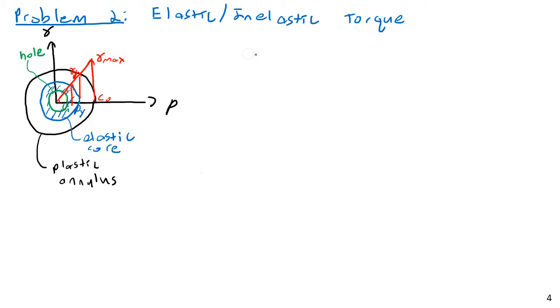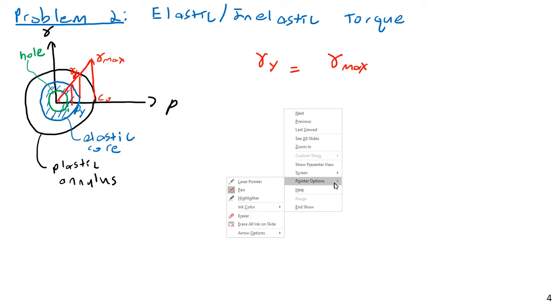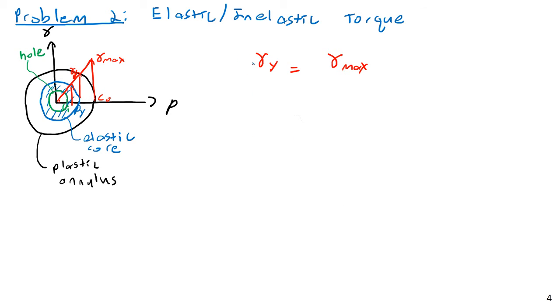And the relationship is going to be gamma y equals gamma max, each of these over, let's say this is over rho y, and this is over c_o. In other words, the yield strain over the yield radius is equal to the max strain divided by the outer radius.